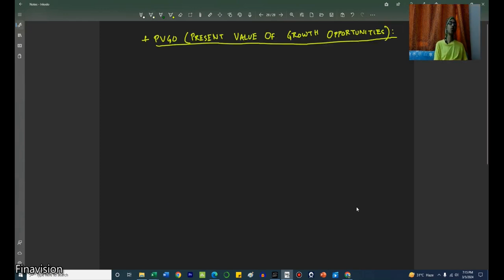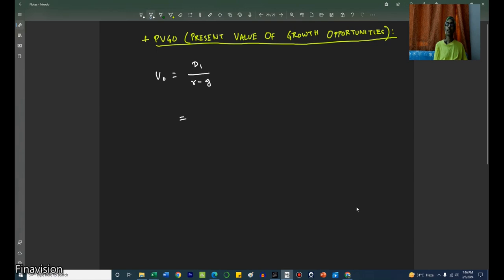Present value of growth opportunities. So if we have to include this in our expression of, let's say, the single stage Gordon growth model, let's start with the Gordon growth model first. V0 is equal to D1 by R minus G. This is the expression, right?